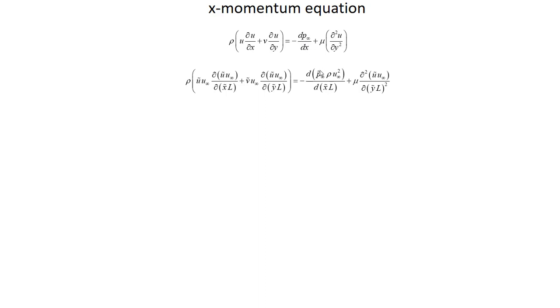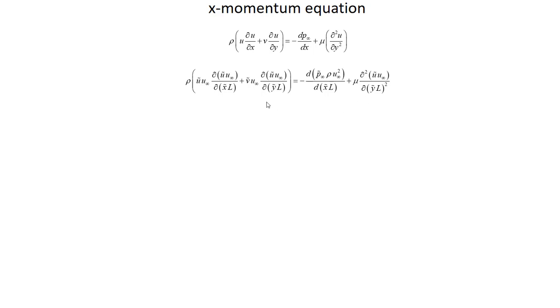That's going to be p infinity squiggle, the dimensionless free stream pressure, multiplied by rho u infinity squared. This is the fluid momentum that I used to define the dimensionless pressure. And then down here, x is x squiggle times L. And then finally here I have the second derivative of u with respect to y. So that's what we did here.